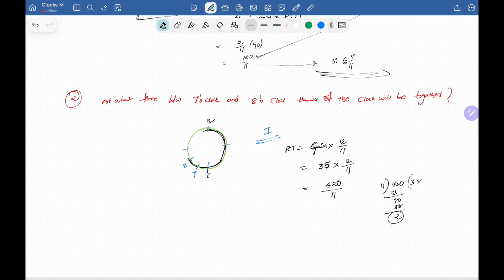How can you write down the overall one? Simple. 38 2 by 11. So the overall answer is the initial time 7, 38 2 by 11. So this is the answer, right?